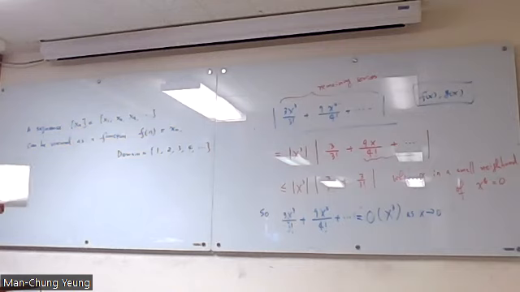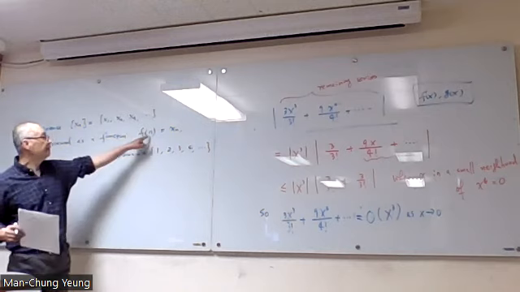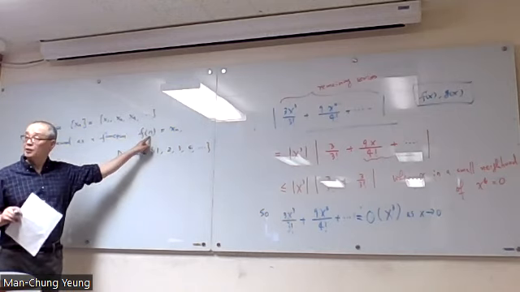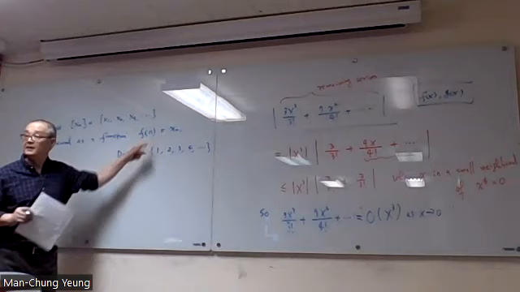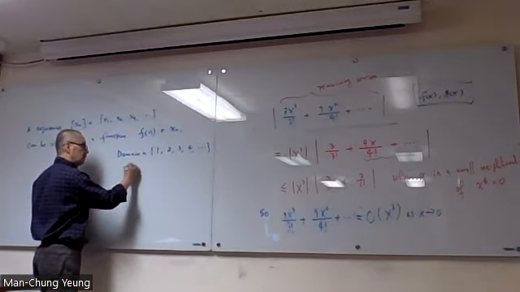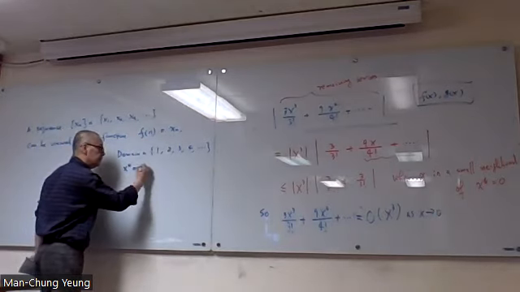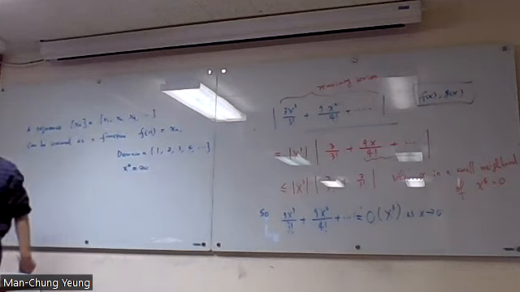Because a sequence is a function, I can apply big O and little o notation to a sequence. Then what is x star for a sequence? n always approaches infinity. No other choice, just infinity.